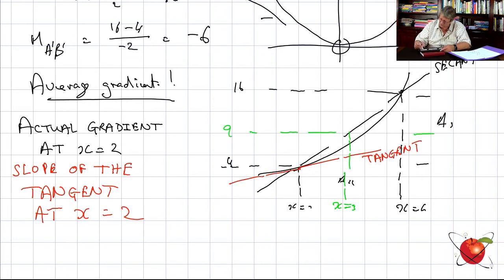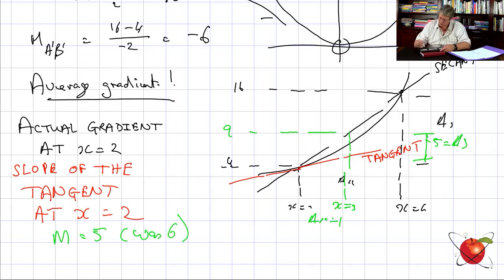So now, can you see the green one is now going to be 9 minus 4, which is 5, is delta y. Delta x is equal to 1. Therefore, the m now is going to be equal to 5 over 1, is it not? It's going to be 5. Remember, it was 6.